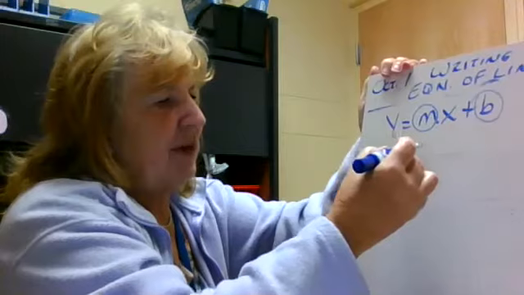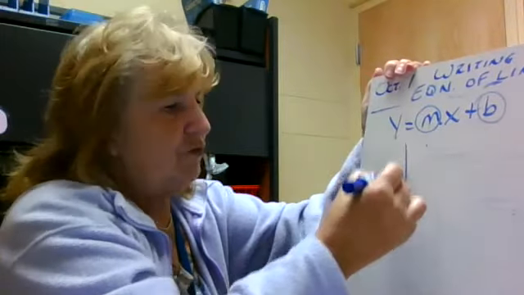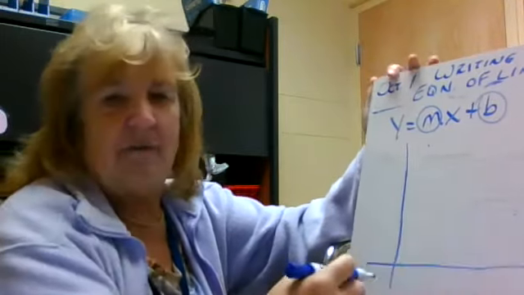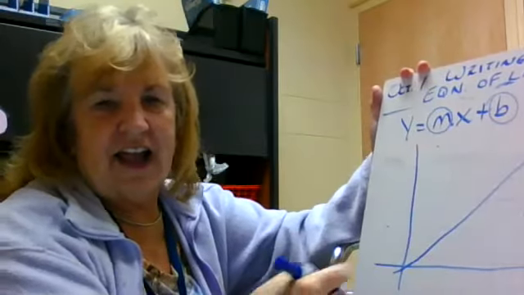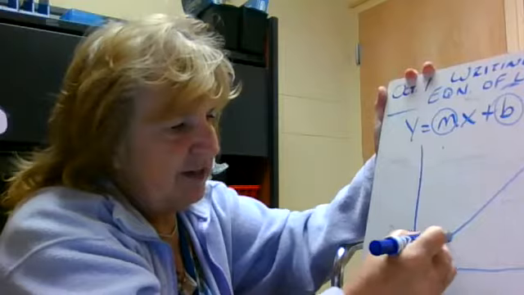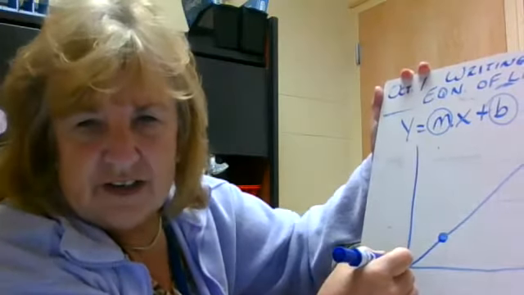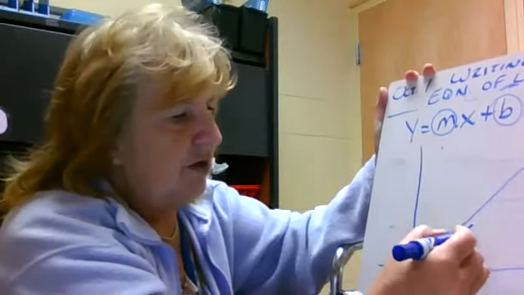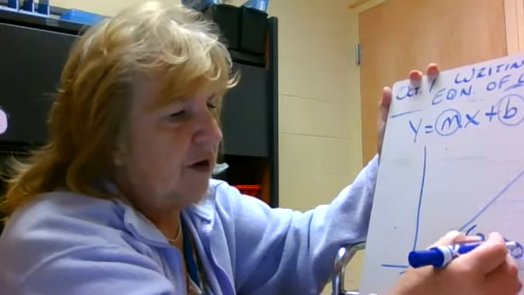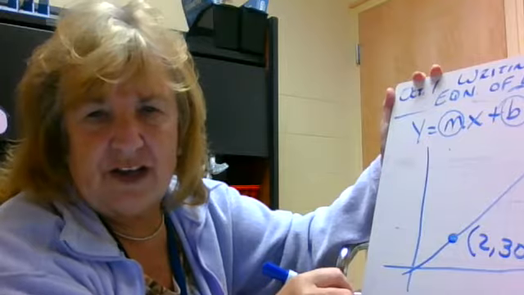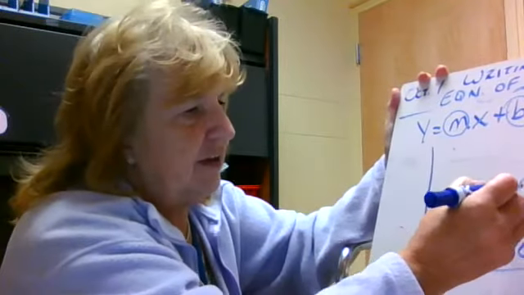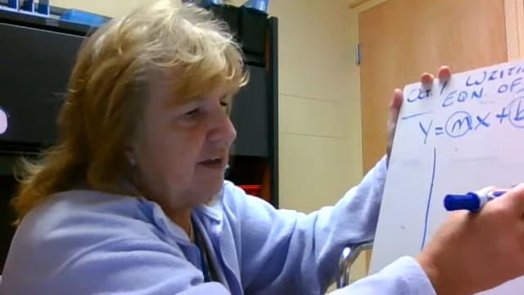I'm not going to spend a lot of time making it detailed, but it's a line that looks like this, and they have 2 dots on it. The first one is the dot 2, 304. So now you know why I didn't draw it. And the other one is 5, 780.